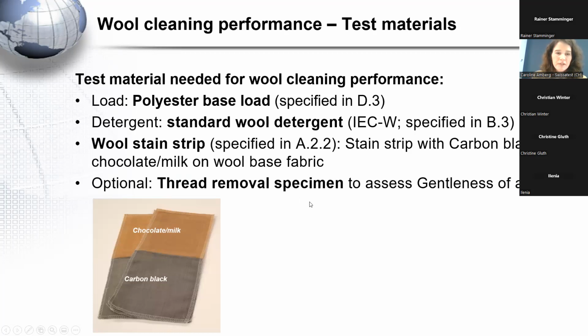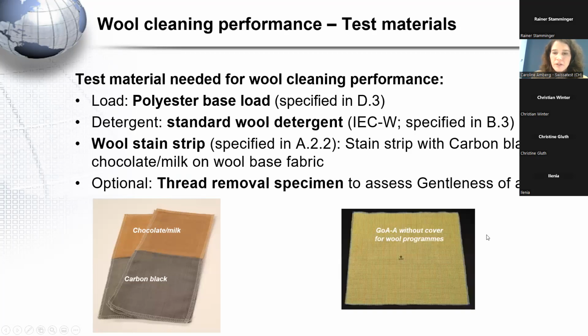Then optional is the thread removal specimen to assess gentleness of action, as you see it here below. Important to mention is also that for wool tests, you always need GOA A. This means you just apply this thread removal specimen as you see it here without any cover.